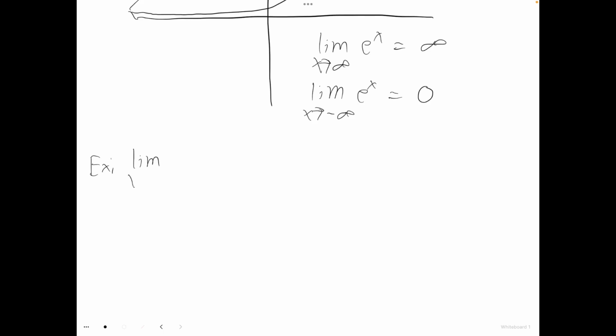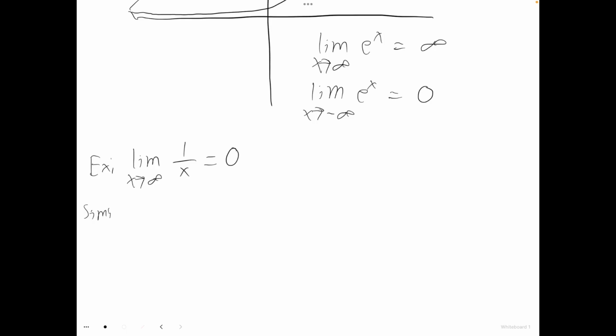So the limit as x goes to infinity of 1 over x is equal to 0. Now, the idea behind this is if you take 1 divided by a really large number, you get a really small number. And so you're going off to 0. As you pick x to be arbitrarily big, you can make 1 over x arbitrarily small.